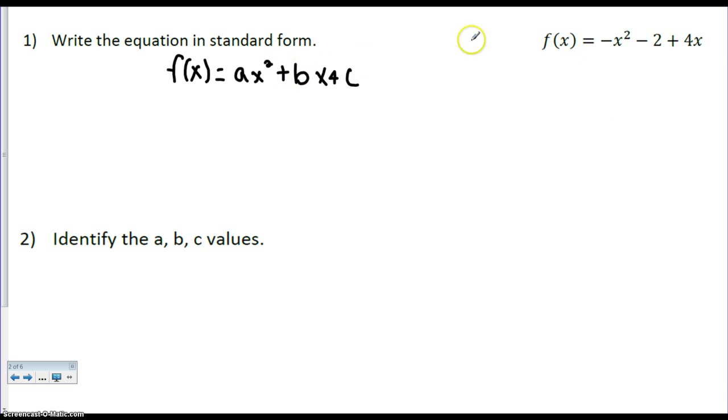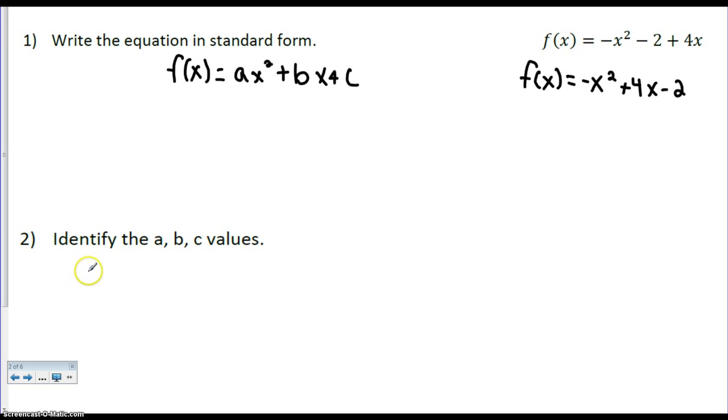When I look at this function here, standard form would be f of x equals negative x squared plus 4x minus 2. Okay? So, that's the first thing I did. I rewrote it in standard form. So now it's in standard form.